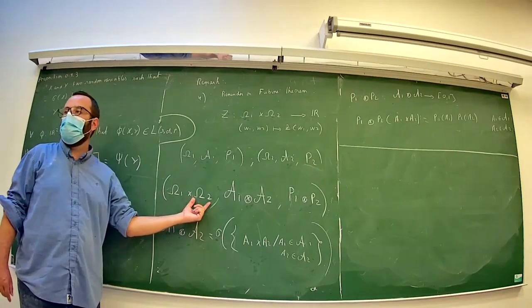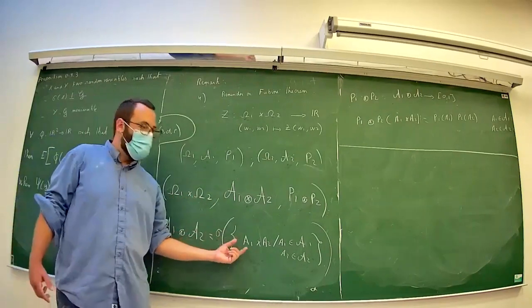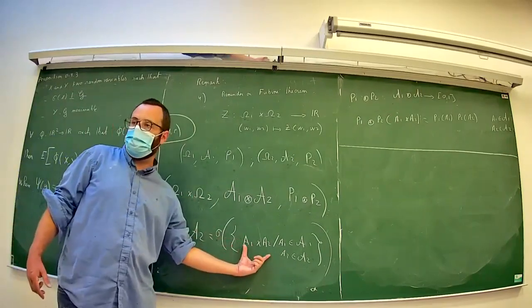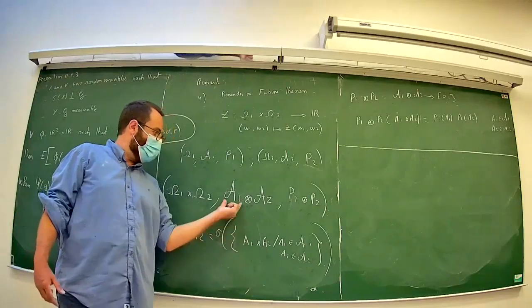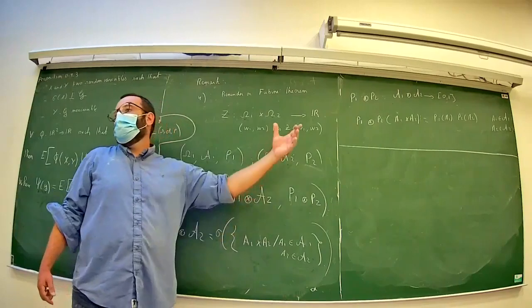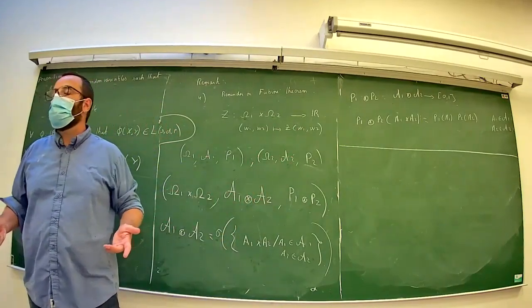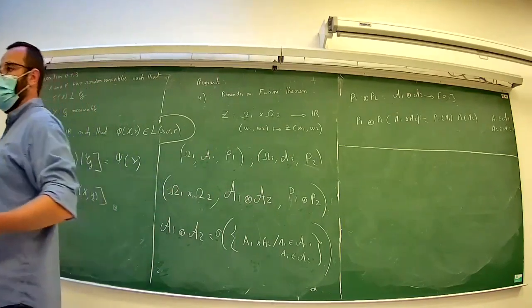A natural way to have a sigma algebra on the product would be to say, okay, I consider this kind of product with A1 an element of A1, A2 an element of A2, and try to see if it works. Unfortunately, it's a good idea, but that doesn't work.